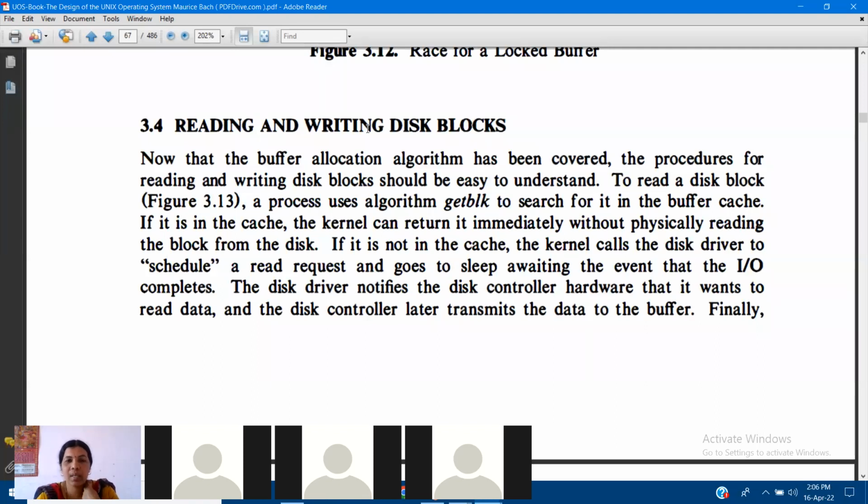So reading is nothing but the operation from hardware level to kernel level. At the time of lecture, I showed the arrows from hardware level to kernel level.